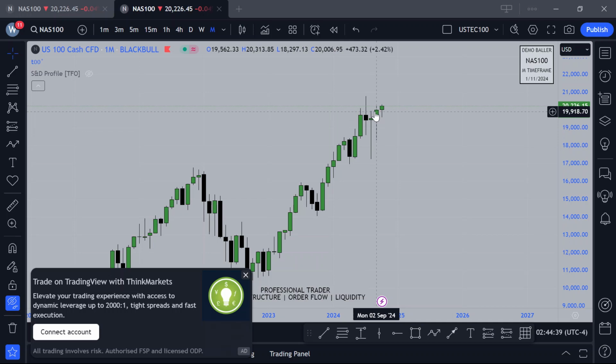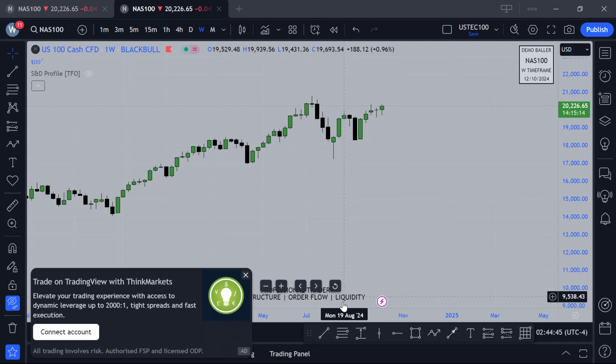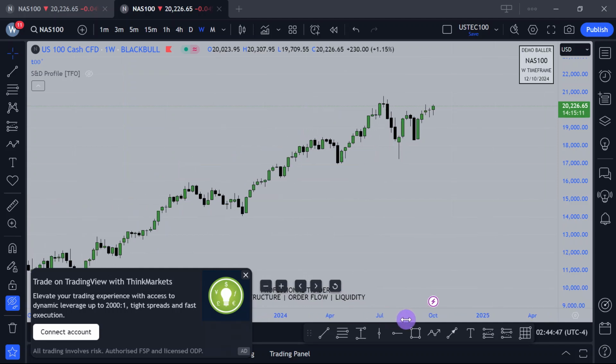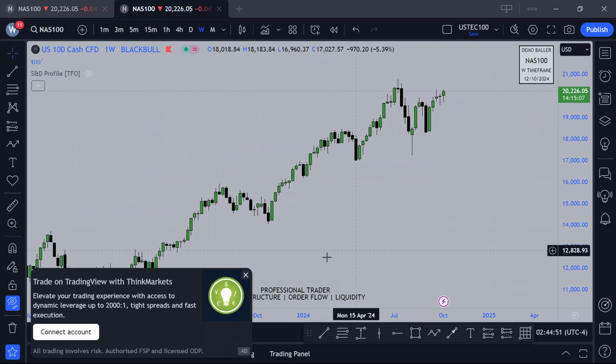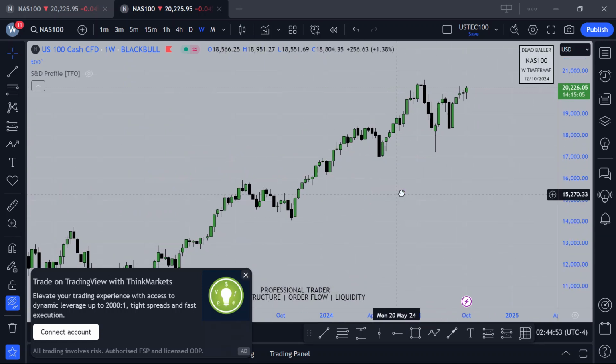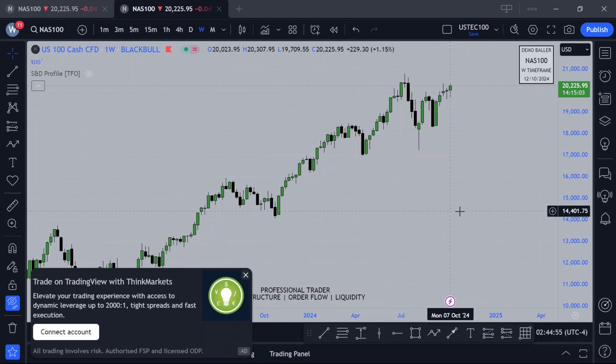All right. So then we drop down to the weekly time frame. Here we can see higher high, higher low, higher high, higher low, higher high, higher low.